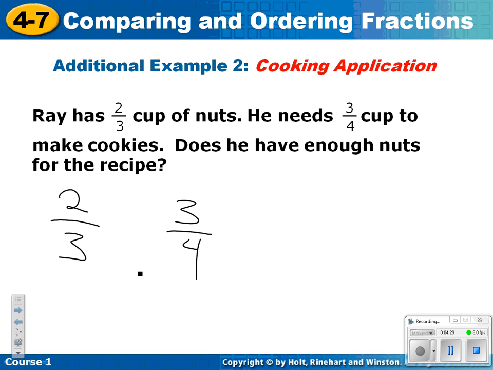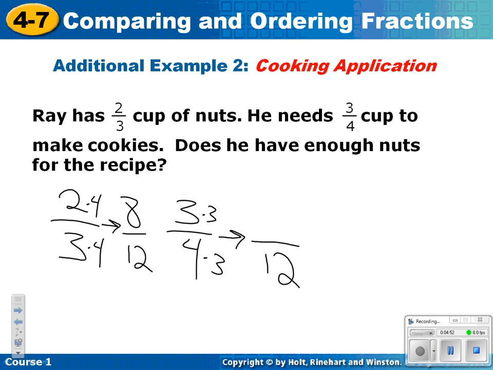We could get 12. We can make 2/3 something over 12, and we can make this one something over 12. Well, what do I multiply 3 by to get 12? 4. So whatever we do to the bottom, we have to do to the top, and this becomes 8. Whatever we do to the bottom here, we have to do to the top, and this becomes 9.